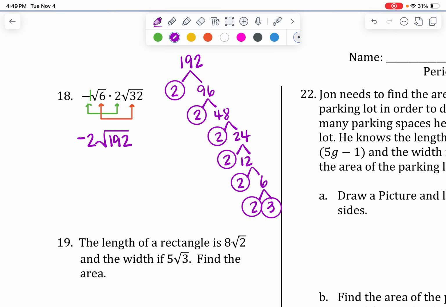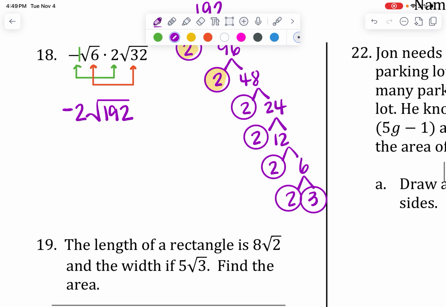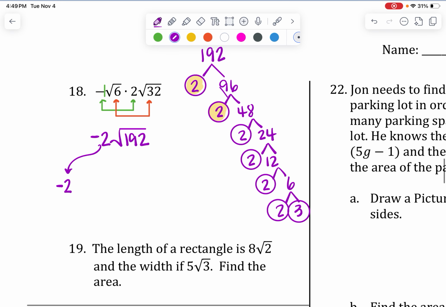Okay, so what does this mean? Well, I have a pair of 2s. So let's go back to the problem over here. First of all, I have the -2 multiplier that was already hanging out front, so I'm just going to bring him down. I have a pair of 2s right here, which means I get to take out a 2 to represent that pair.